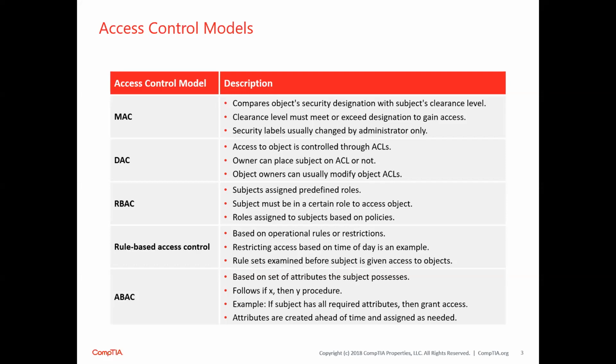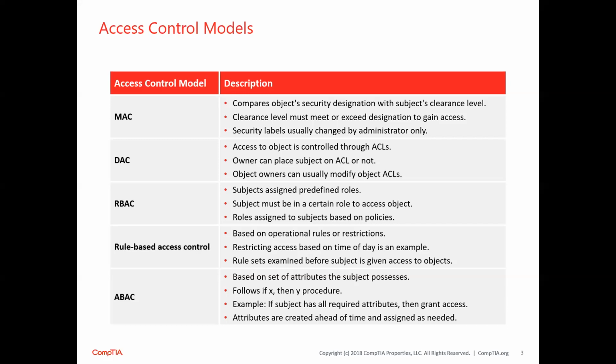So subjects here are assigned predefined roles, like for example programmers, administrators, systems administrators, or maybe VPN users would be examples of roles. The subject must be in a certain role to access the object, and roles are assigned to subjects based on policies.